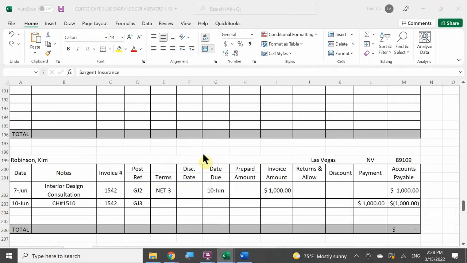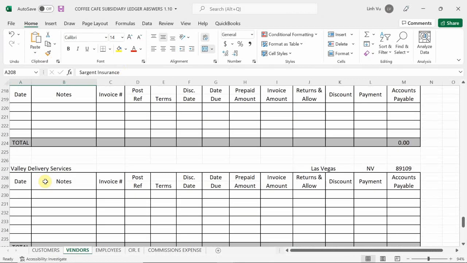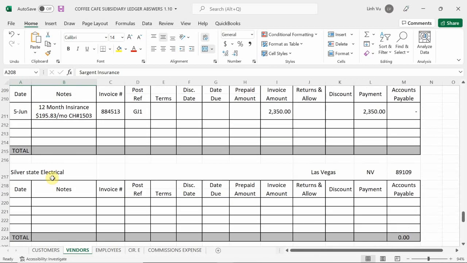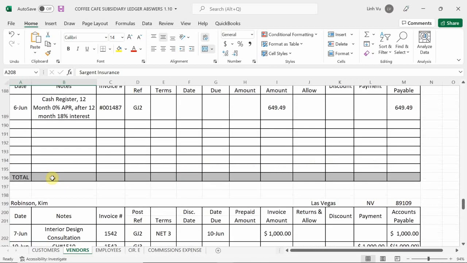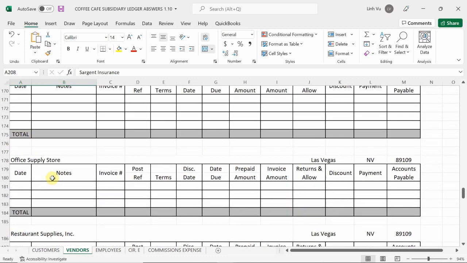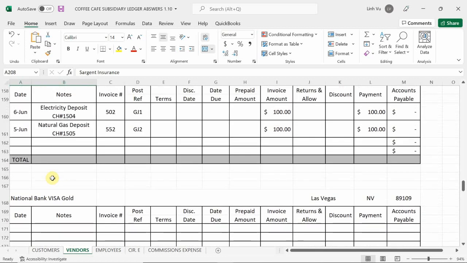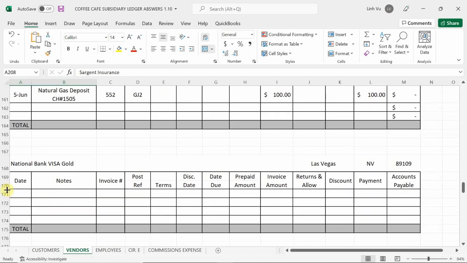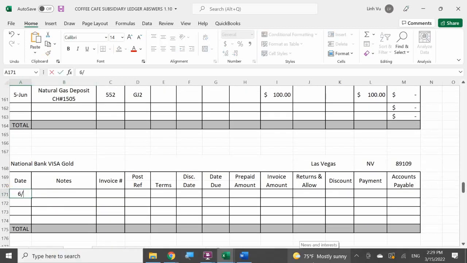So in this case, we opened up a credit card at National Bank Visa. So let me see, National Bank. Here we are, National Bank Visa Gold. You could put the date that we received it, on the 10th, but obviously no bill. Now, what kind of notes are we going to put in here?